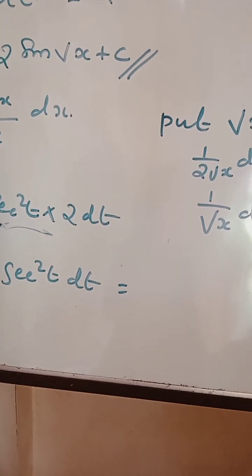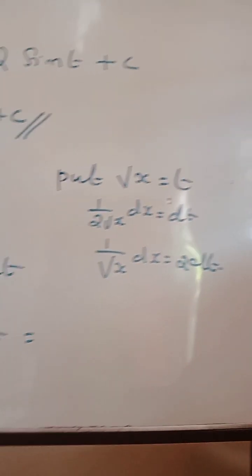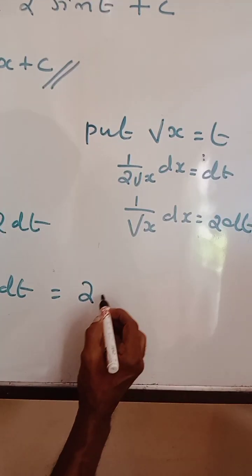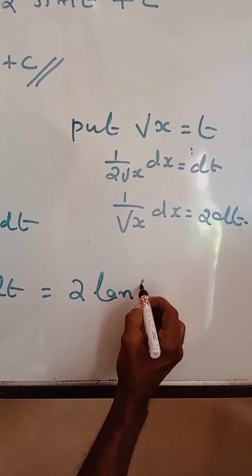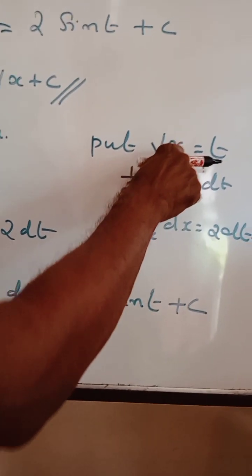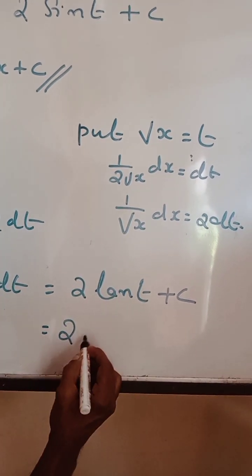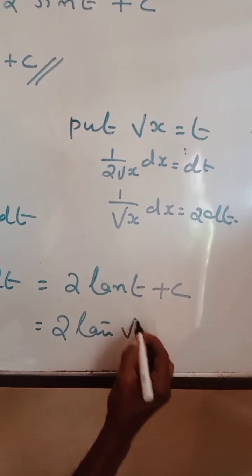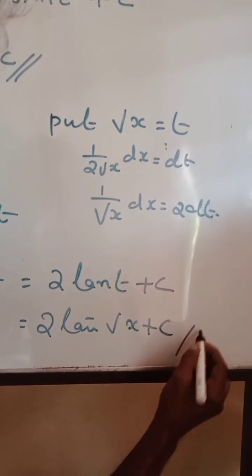We know the integration of sec square x dx is equal to tan x. So this is equal to 2 into tan t plus c. Replace t by root x. This is equal to 2 into tan root x plus c.